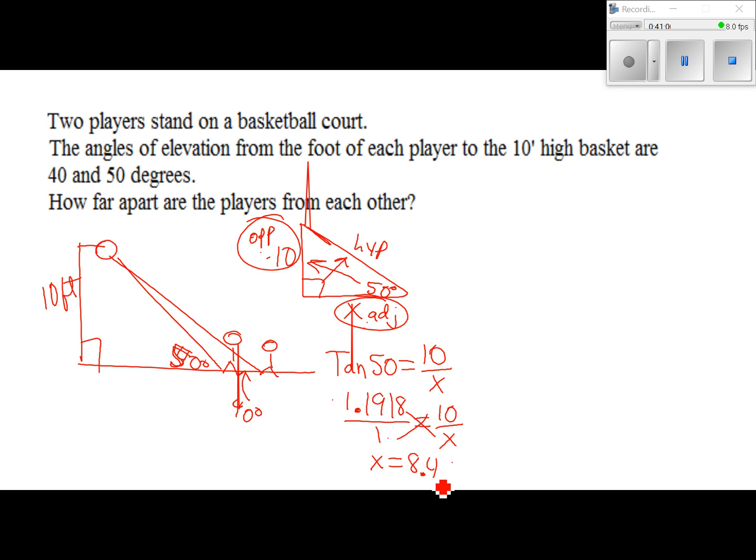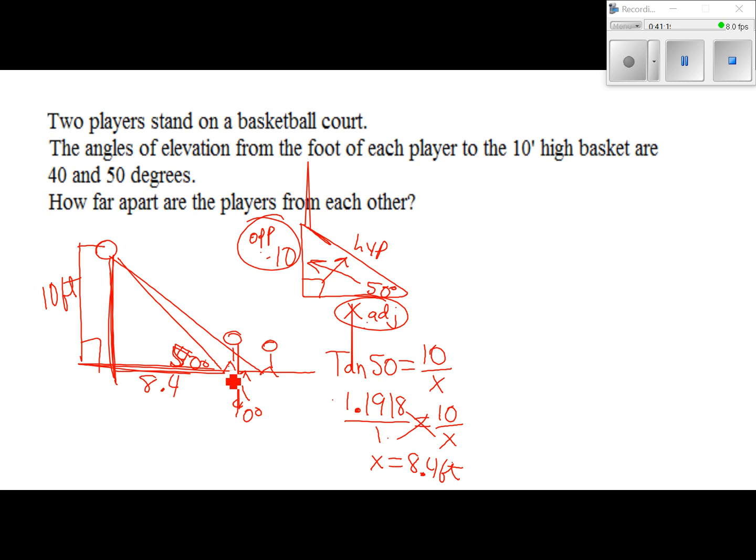And we're using feet. So the first person here is about 8.4 feet from the basket, from the bottom of the basket, or the bottom of the pole here. Actually, the bottom of where the basket comes straight down.